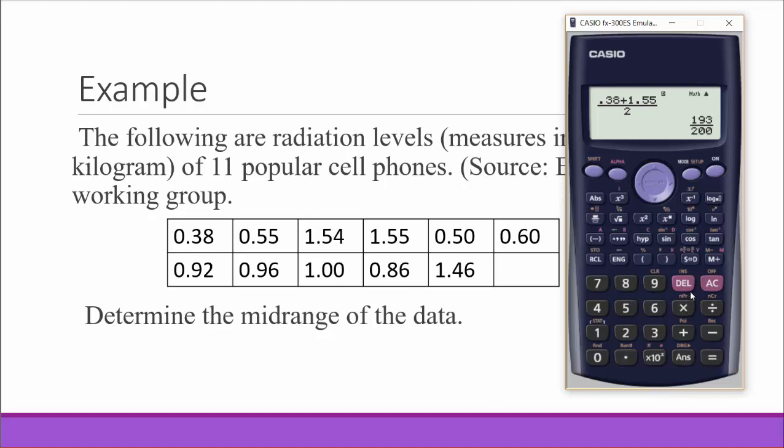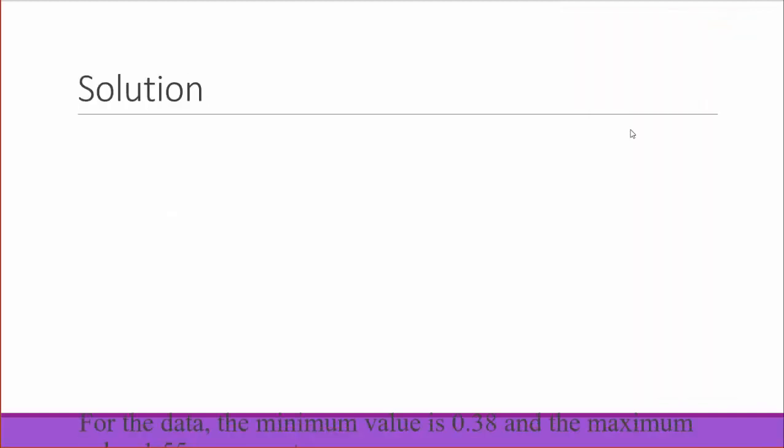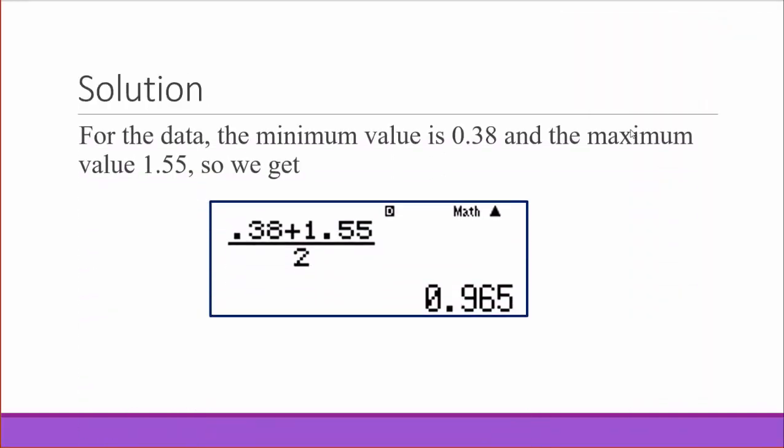Go ahead and hit equals, and then I'll hit the SD key to put it in decimal form. So we get 0.965 as the mid-range of the data. So let's go ahead and verify that. So there's our screenshot, just exactly what we determined here. So the mid-range is 0.965 kilowatts per hour.